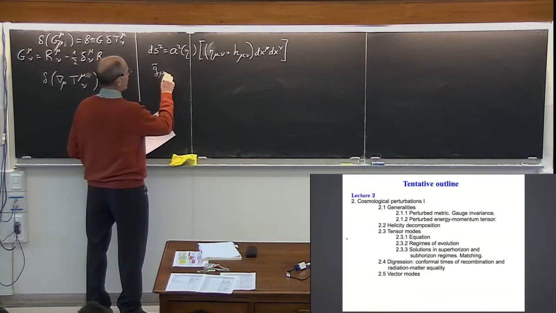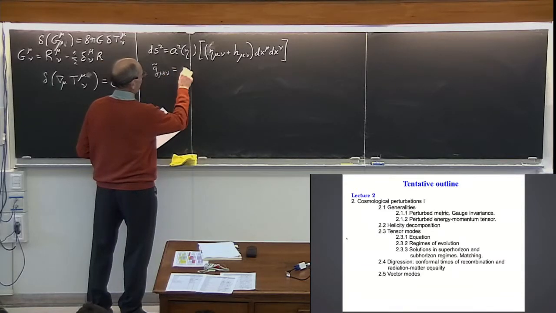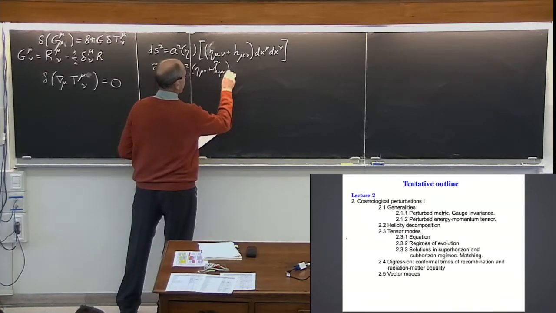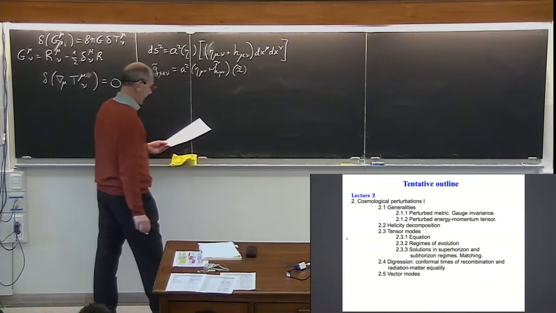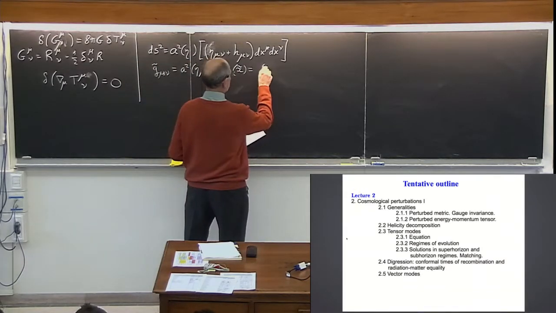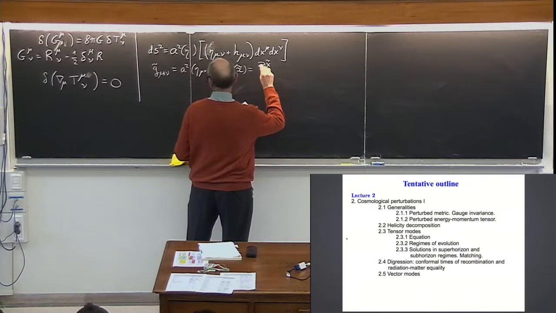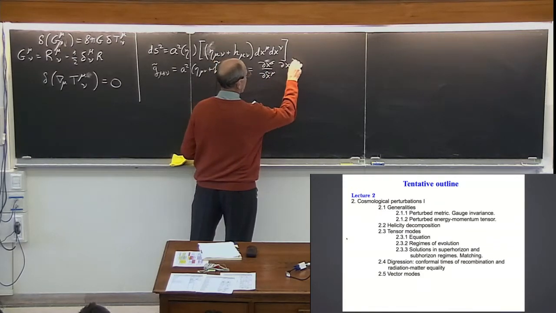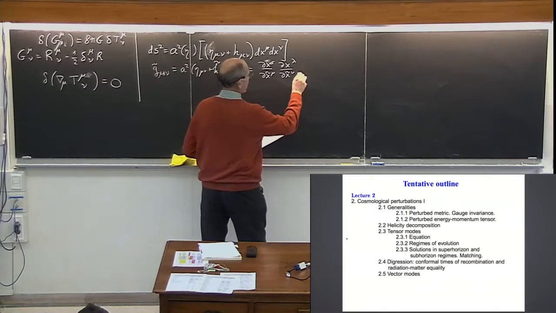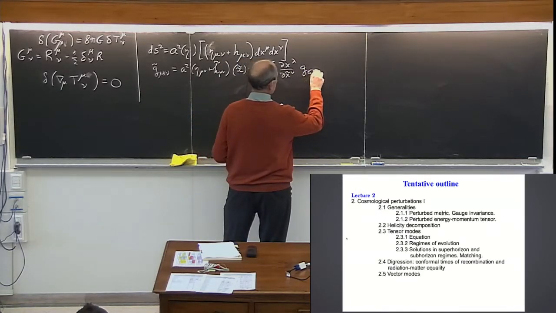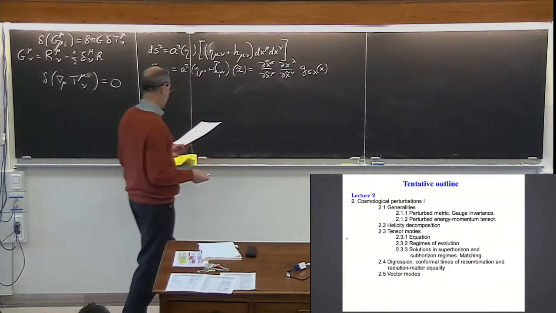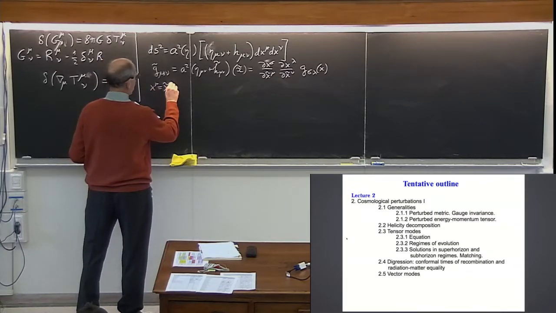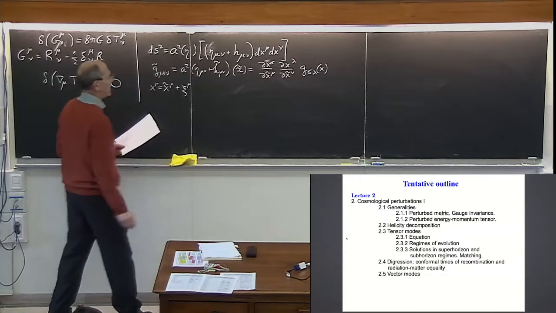The standard thing is that g mu nu, which is a squared times eta mu nu plus h tilde mu nu at x tilde, is just given by the tensorial law, dx sigma over dx tilde mu, dx lambda over dx tilde nu, times g sigma lambda of x, okay, where x mu is x tilde mu plus psi mu, and psi mu are our gauge parameters.